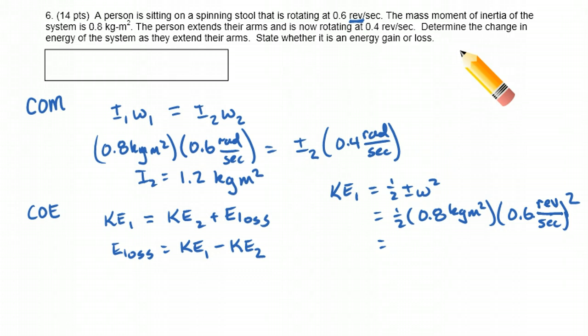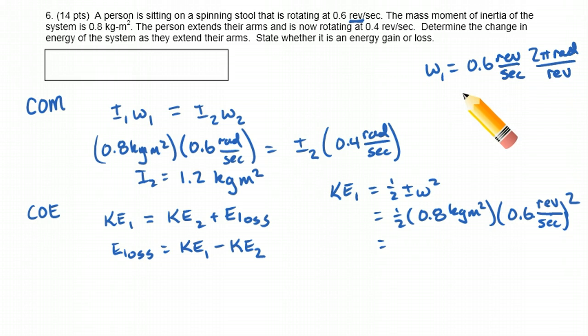Actually, let's do it this way. Omega 1 is 0.6 revolutions per second. So I'm going to convert up here just to make things a little more straightforward. We have 2 pi radians per revolution.